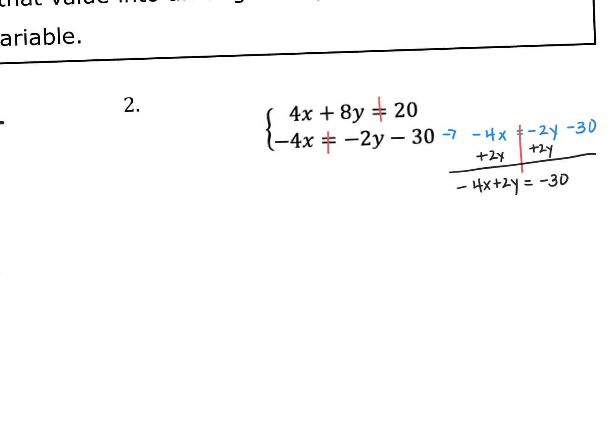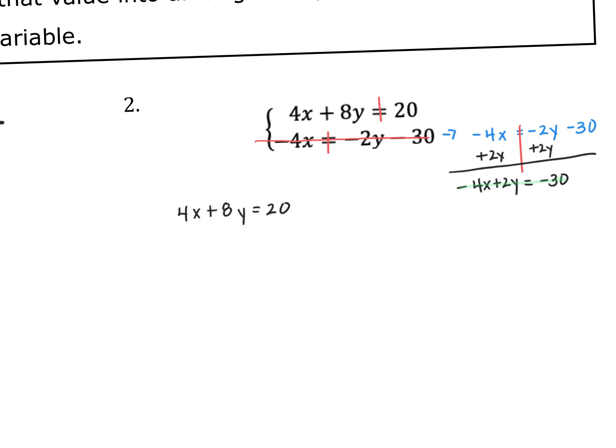So when I'm looking, I'm not using this one anymore. So I'm going to strike through that one. So I still have that top, which is 4x plus 8y equals 20. And then right below it, I'm going to write what we just found right here.